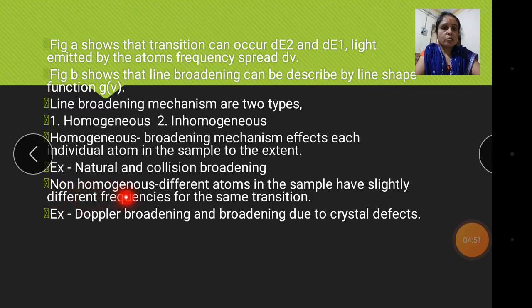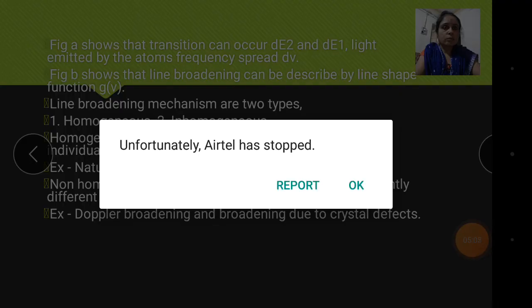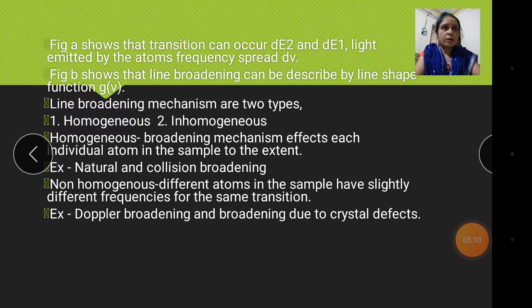The second type is the inhomogeneous mechanism. Here, different atoms in the sample have slightly different frequencies for the same transition, so the overall response broadens out. This is known as an inhomogeneous broadening mechanism.